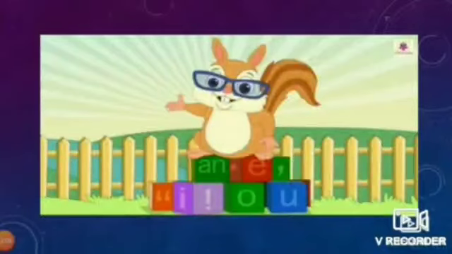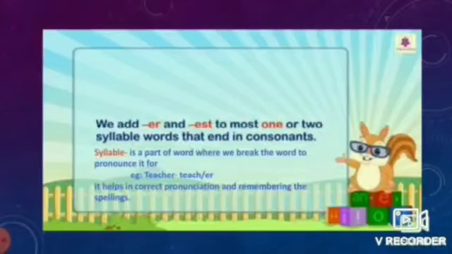In order to form comparative and superlative degree of adjective, remember the following rules. We add er and est to 1 or 2 syllable words that end in consonants. See here, students, syllable.